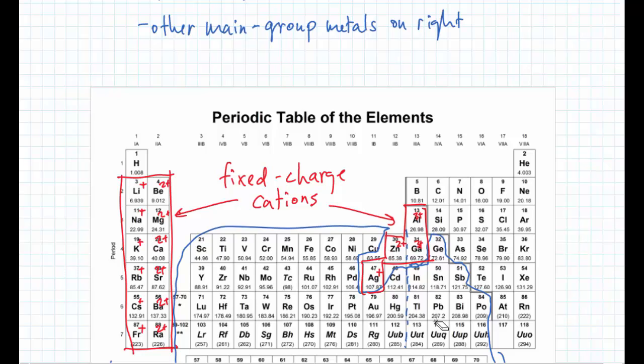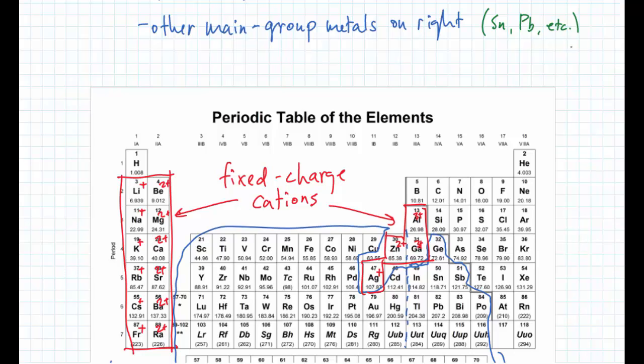So compounds with lead and tin and bismuth, even though they're main group metals, they will have a Roman numeral. They can have 2 plus and 4 plus charges and other things there. So let's just say tin, lead, etc. So there is our exhaustive final list of which metals are fixed charge, which metals are variable charge.